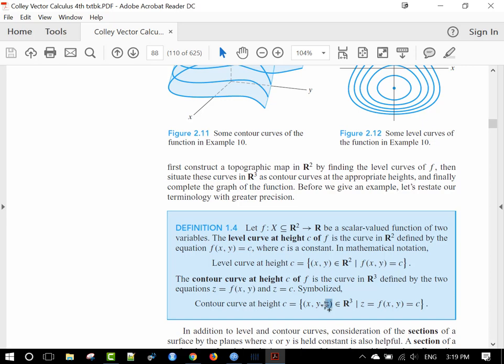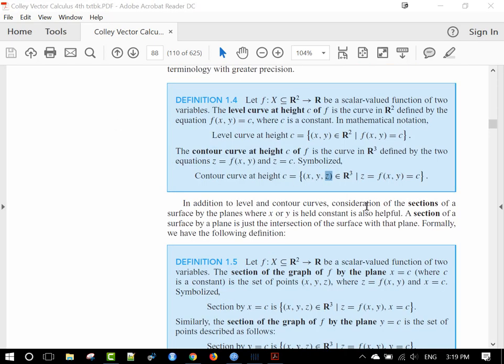Those are these 3D curves. Now, instead of using horizontal planes, we can also slice the surface with vertical planes.